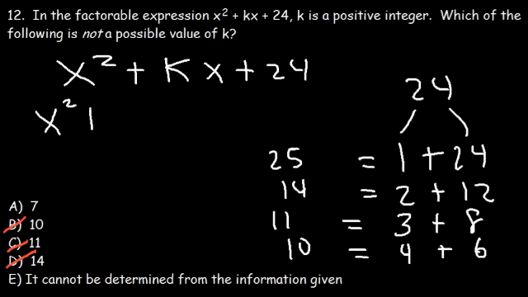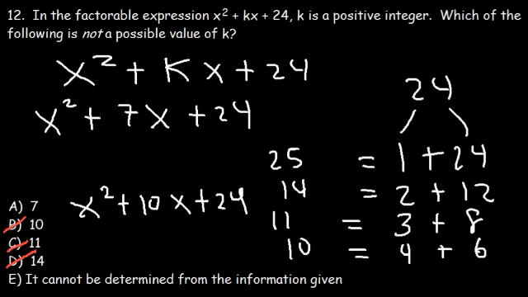If we had x squared plus 7x plus 24, this expression is not factorable. What two numbers multiply to 24 but add to 7? We've already made a list of all the numbers that multiply to 24, and that's it. If k was 10, we could factor this expression.